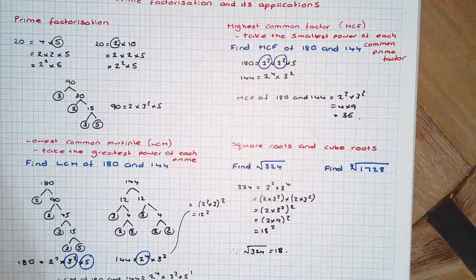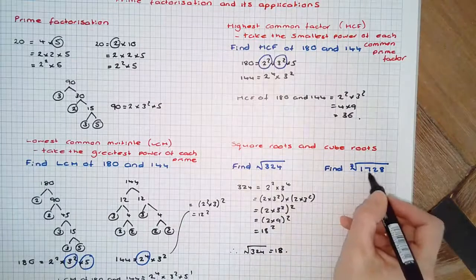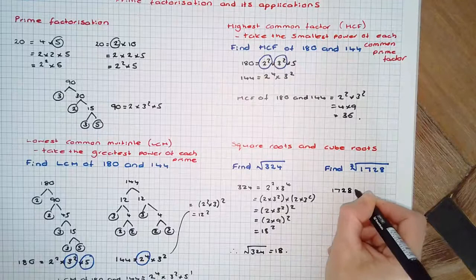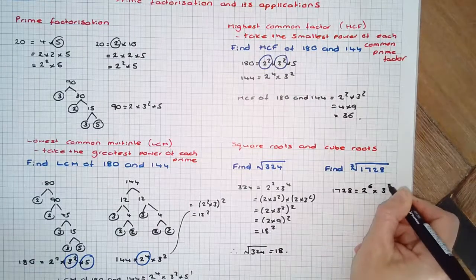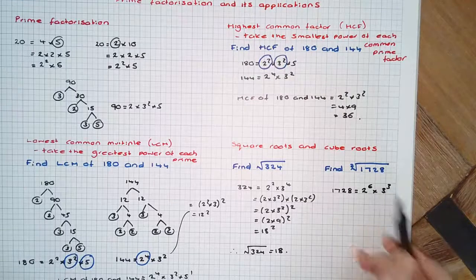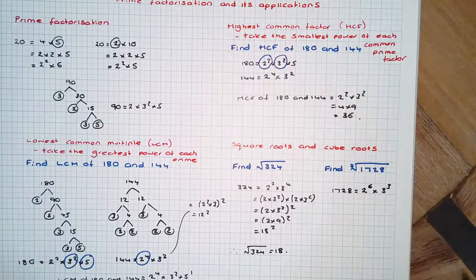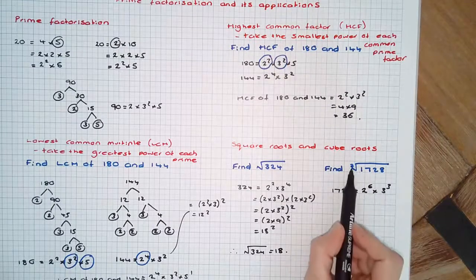Use a similar method to find cube roots. Earlier I worked out 1,728 prime factors are 2 to the power of 6 times 3 to the power of 3. Now here the indices aren't even, so we couldn't find the square root of 1,728. But we can group these into 3, and we're asked to find the cube root.